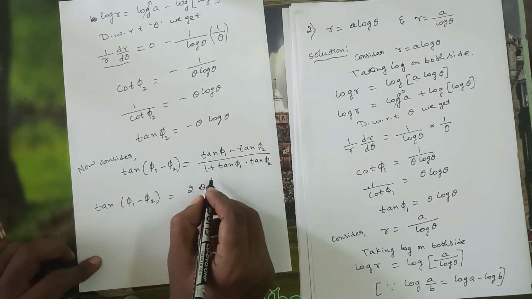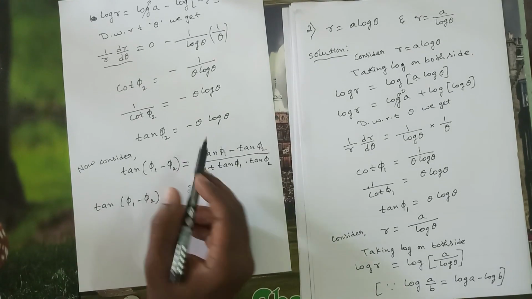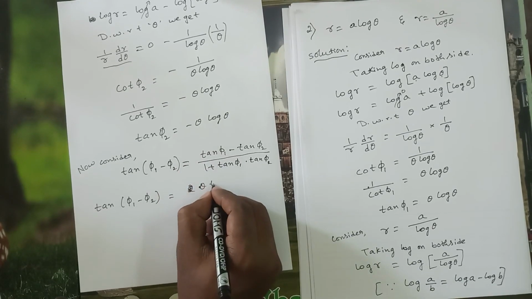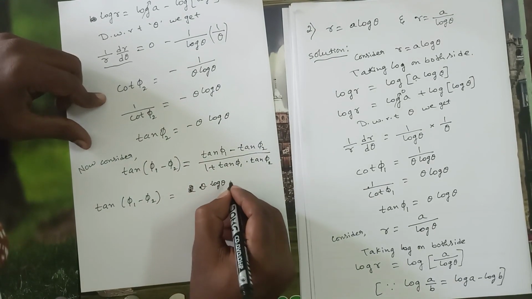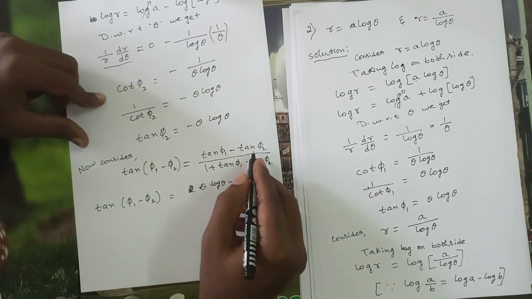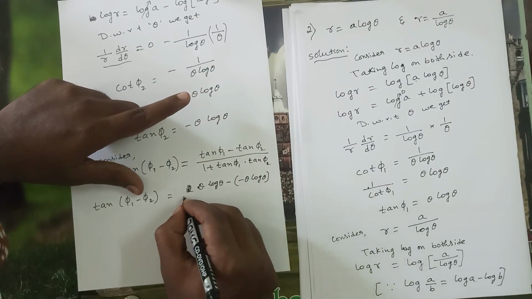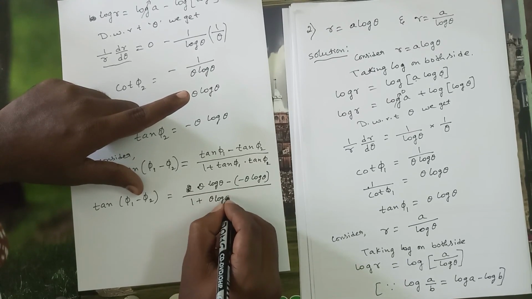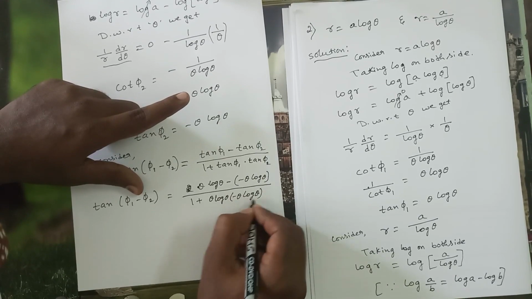So for phi 1 minus phi 2, if you want, you can write directly: theta into log theta minus, since tan phi 2 is minus theta into log theta, minus theta into log theta, whole divided by 1 plus theta into log theta times minus theta into log theta.